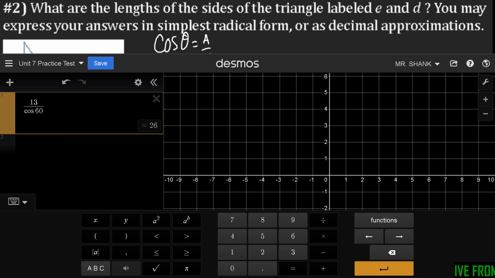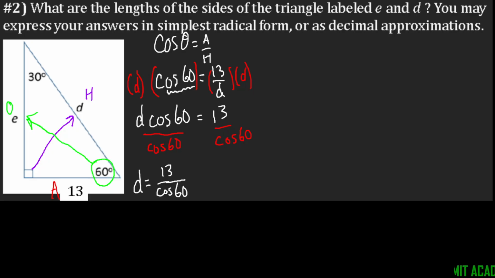My leg was 13. Since my hypotenuse is more than that, that is a good sign. So d equals 26. My hypotenuse is now 26. That's a good start.